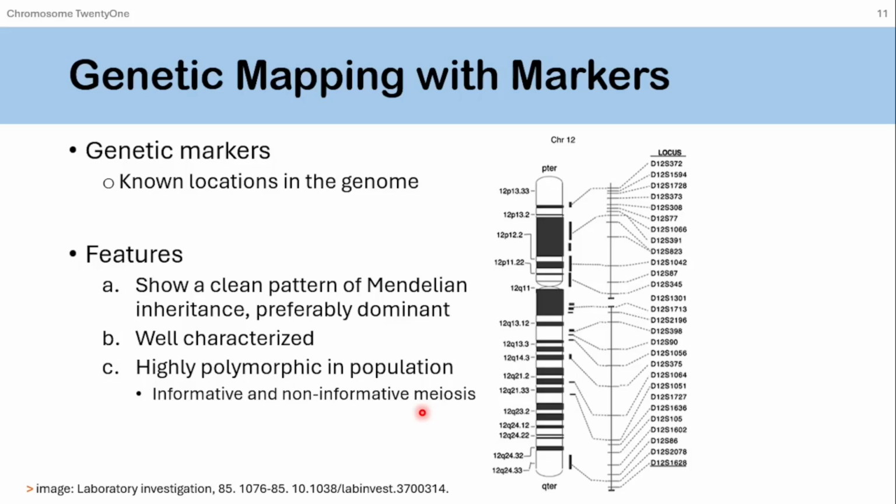We started with 2-point mapping, which will not be covered in this video, but we'll have a separate video on that. 2-point mapping was the first way, because you have two query loci, since we don't know the location of either of those. Therefore, you find the distance between these two locations. That is how it was historically done.